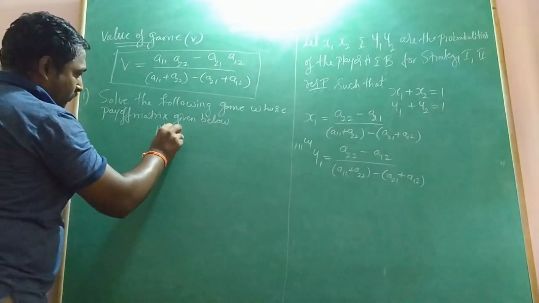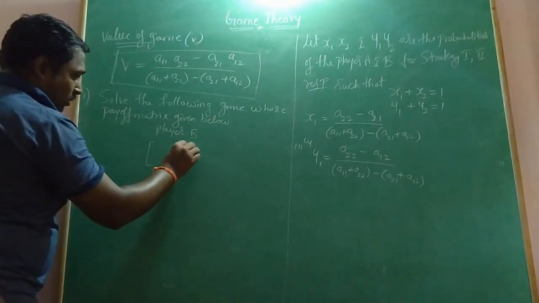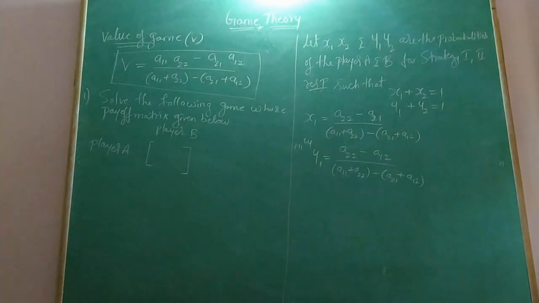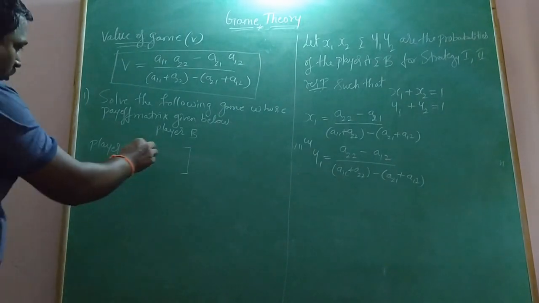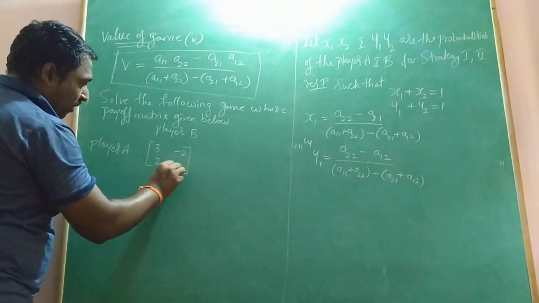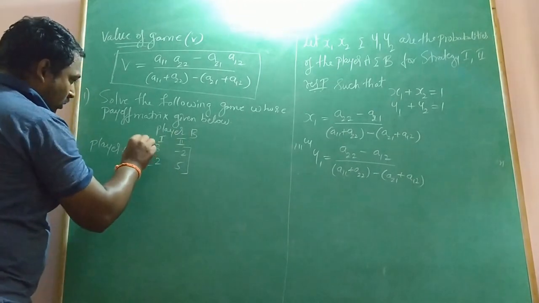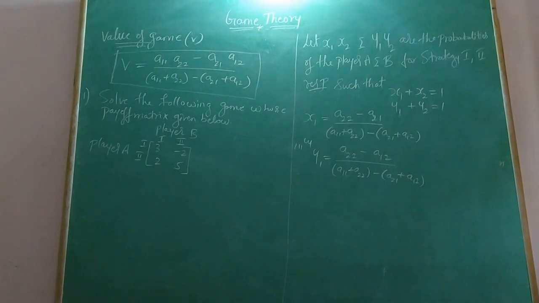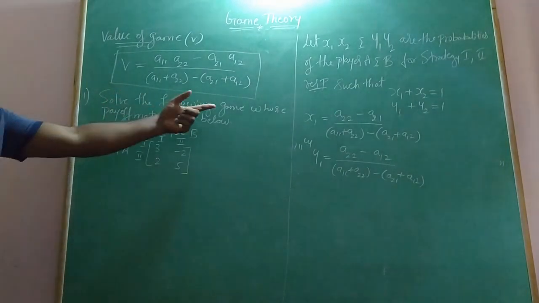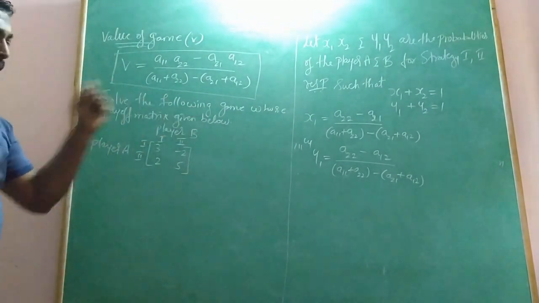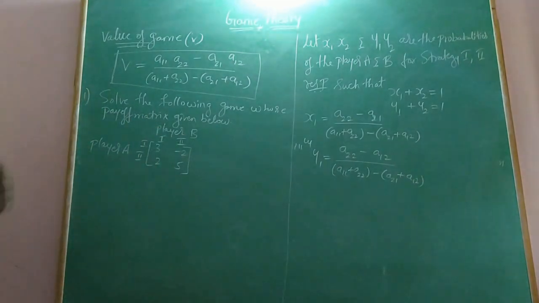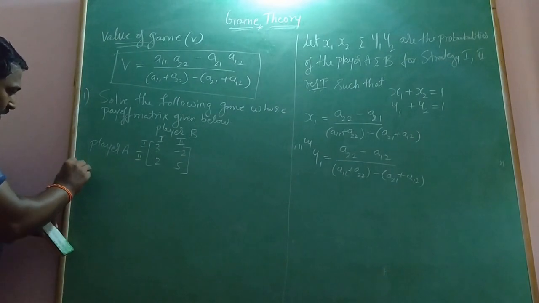This is for player B, for player A, and the strategies are given: 1, 2, 3, minus 2, 2, 5. We need to determine the value of the game. Solve the following game whose payoff matrix is given below. Player A has 2 strategies, player B has 2 strategies. Let us go for the solution.